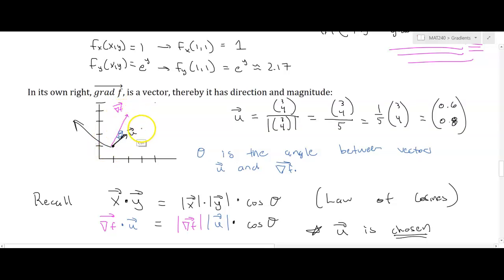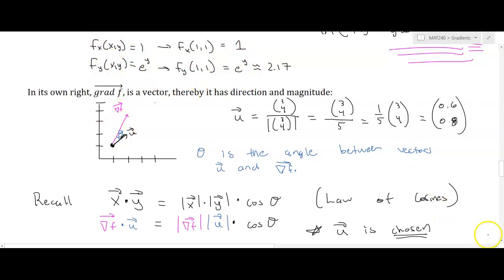But grad f is a fixed vector. And the reason we can think about it as a fixed vector is because it's determined fully by the point at which we're standing. So 1 and 2.17 happened because those were the components of f sub x and f sub y when we were standing at the point 1, 1. We plugged 1, 1 into both of the partial derivatives, we got this vector.